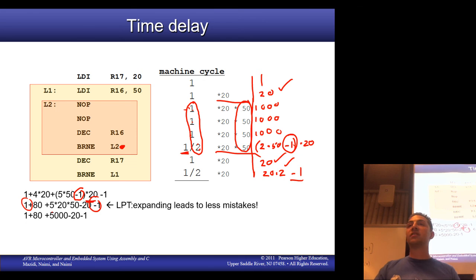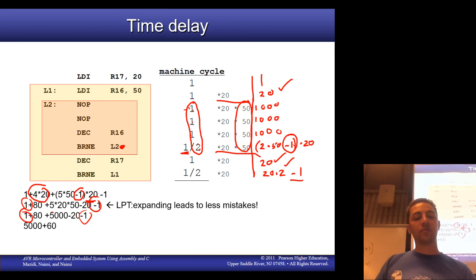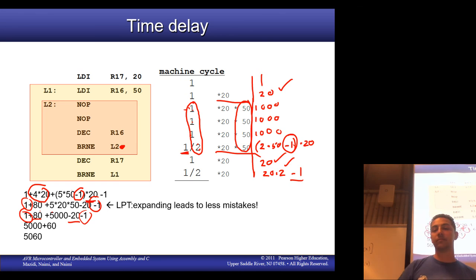Okay, 20 times 50 is 1,000, times 5 is 5,000. 4 times 20, all off on its lonesome, is 80. 1 minus 1 cancels. So we got, oh, the 80 and the 20 cancels. So all told, 5,060.